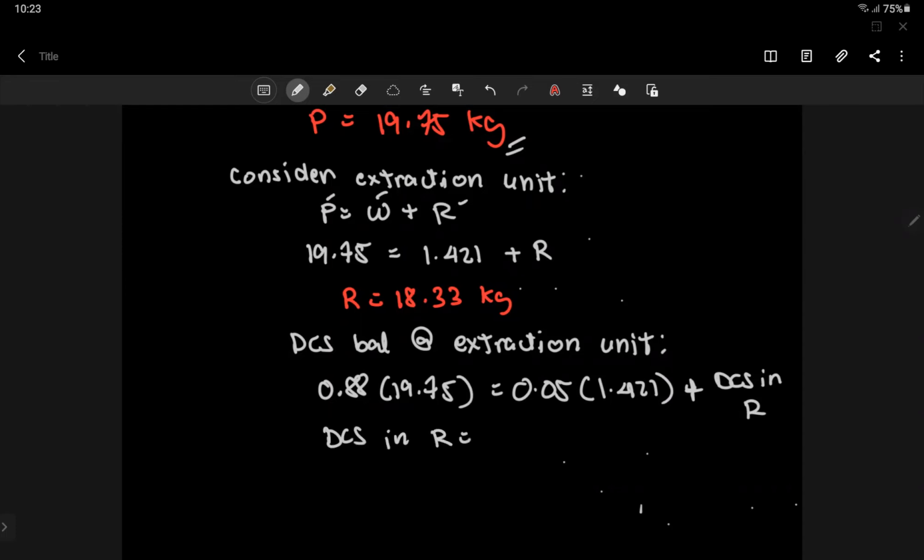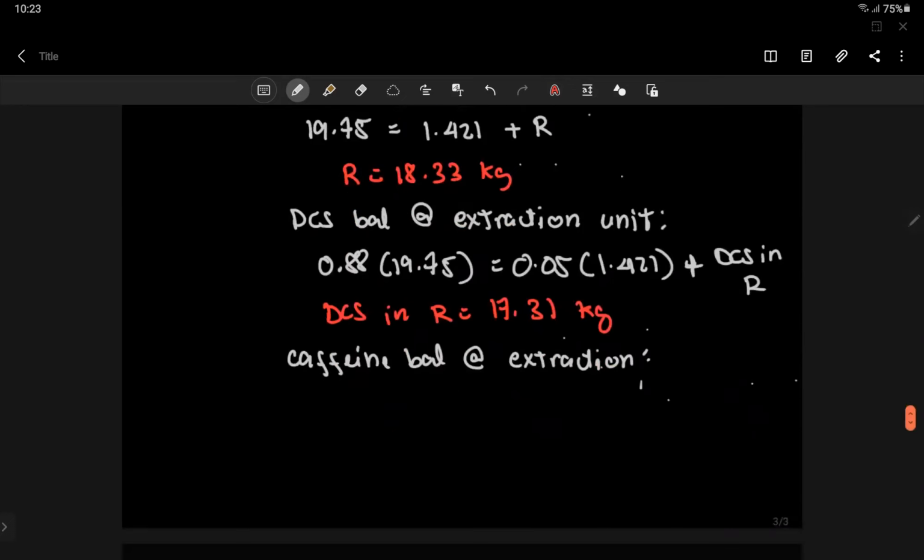Which is, if you solve, 17.31 kilogram. Okay? So ang kulang na lang sa R, alam natin yung DCS sa kanya, si caffeine na lang. O di mag-caffeine balance tayo. Caffeine balance at the extraction unit.